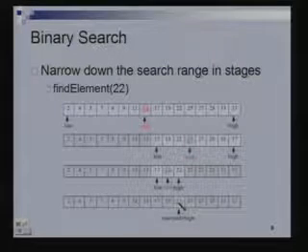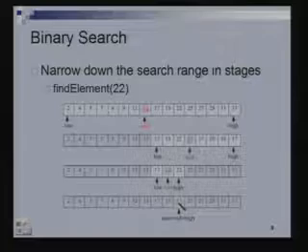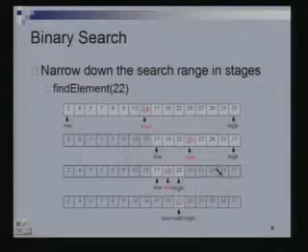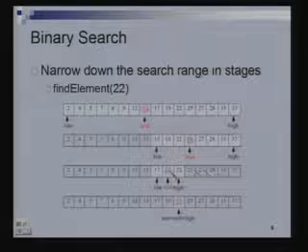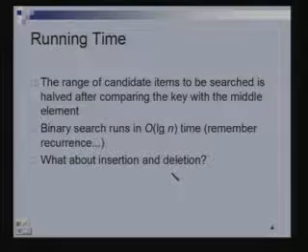In each case you will be able to say whether 22 is there or not, and the number of comparisons you would take in this process is only logarithmic, because every time you make a comparison, the size of the array in which you are searching halves. The number of times you can halve n to get down to 1 is only log of n, and so you will take order log n time to do the searching.